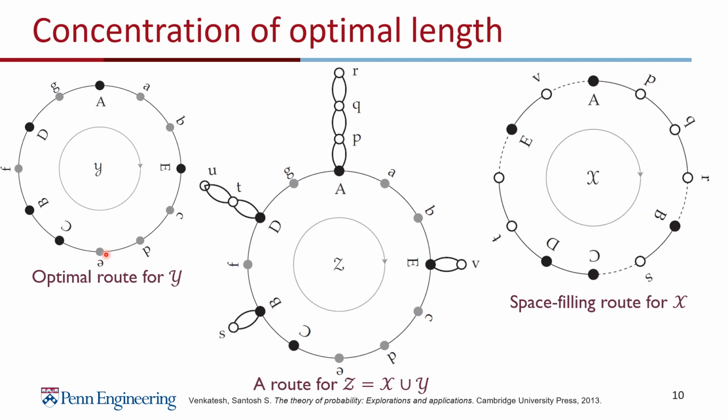C is only there in Y, and V is only there in X. You might have a route, but you don't know how to go from V to C. The only way to go is from V to E to C, which you have access to. You have access only to this optimal route for Y and the Hilbert route for X, and the question is what's the best you can do with it.